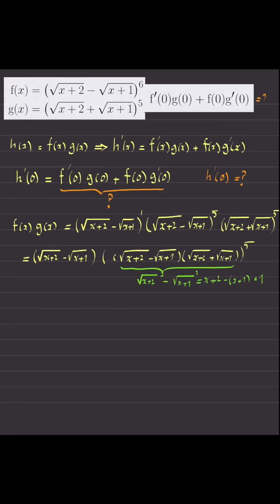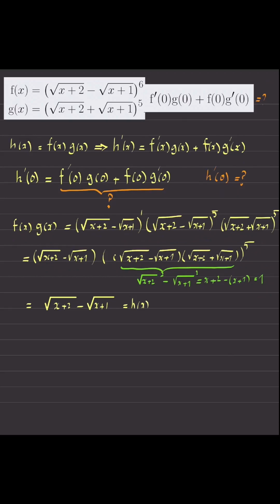So now you see how much simpler the calculation is in this way, because the hard part just turns out to be 1. So the product of f of x and g of x is simply this function. So this becomes square root of x plus 2 minus square root of x plus 1. And now this is your h of x.